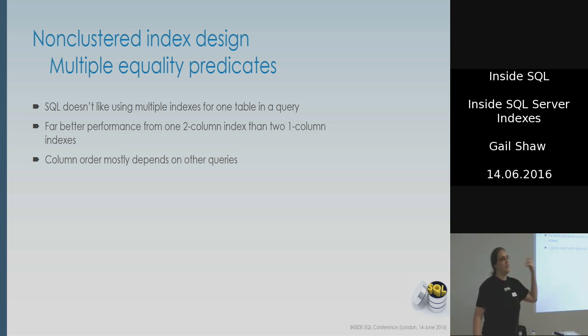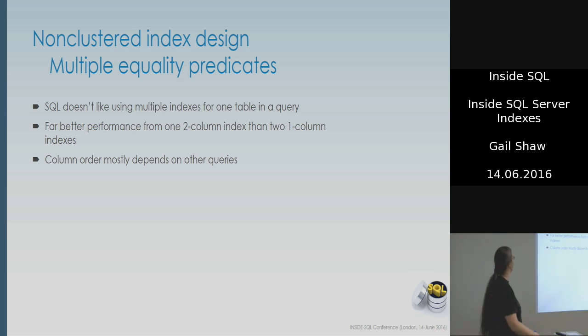Once you've done that, then if there is still an ambiguous column order, maybe consider putting the most selective one first. It's got to do with the statistics and the row estimations, but to be honest, it's not a huge consideration.